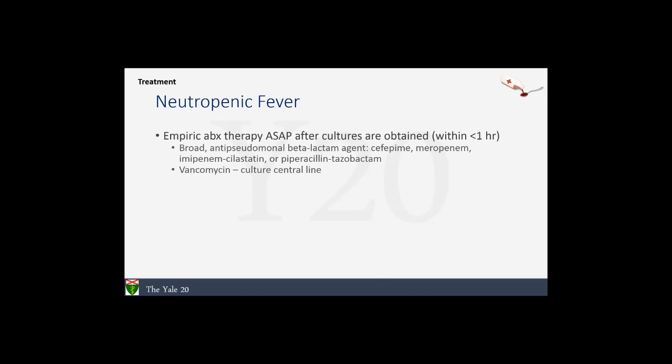We give broad anti-pseudomonas beta-lactam agents, so cefepime, you can consider Zosyn, and if they have other drug resistances, then you would consider bigger guns like meropenem. And oftentimes we get vancomycin because these patients have a lot of lines. And ideally, especially if it's a very sticky bug like gram-positives, you may need to remove the line if that's the source of the infection.